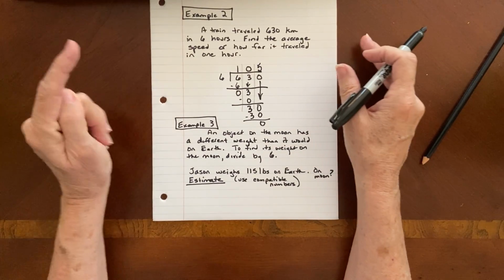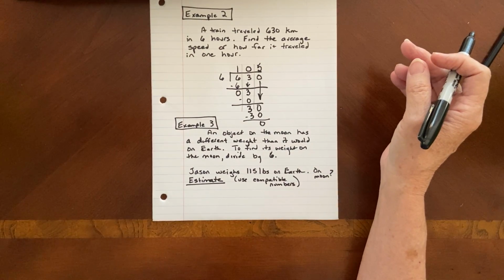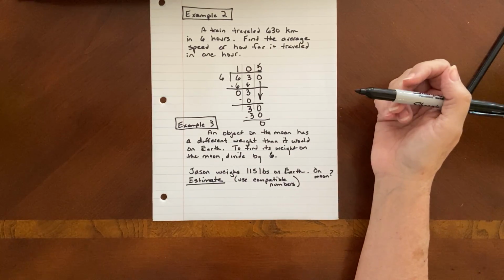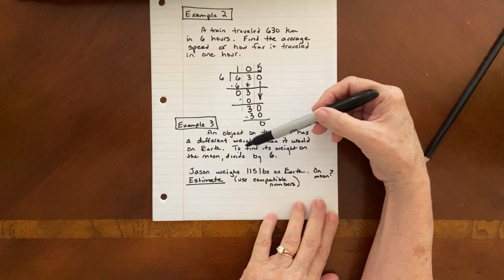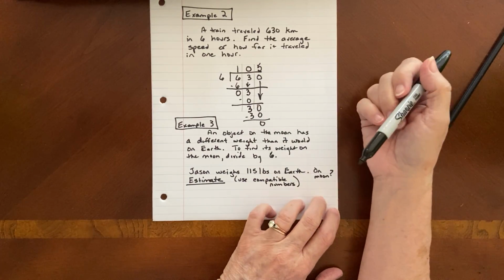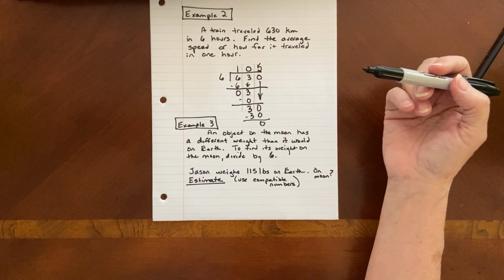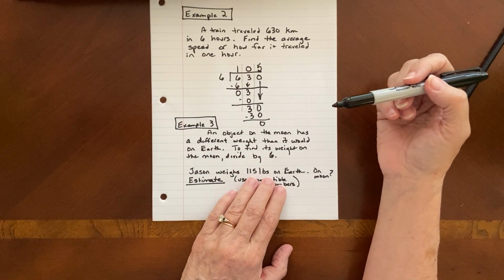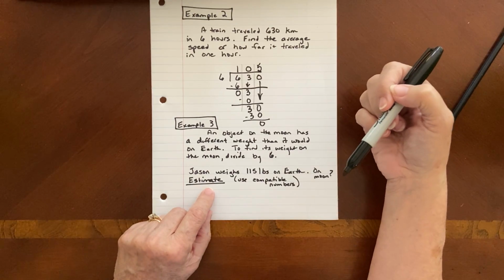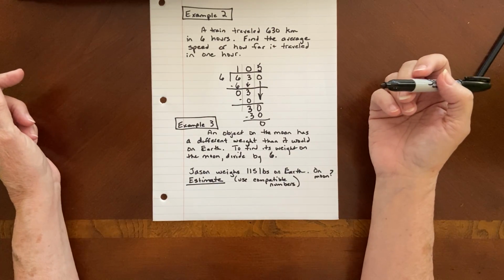Example 3 says an object on the moon has a different weight than it would on Earth. Mass is the same, but the weight's different. Huh, that's for science. To find its weight on the moon, divide by 6. Okay, so we have a fella, Jason, who's an astronaut. He weighs 115 pounds on Earth, and how much would he weigh on the moon? But the trick with this one is they tell me to estimate.